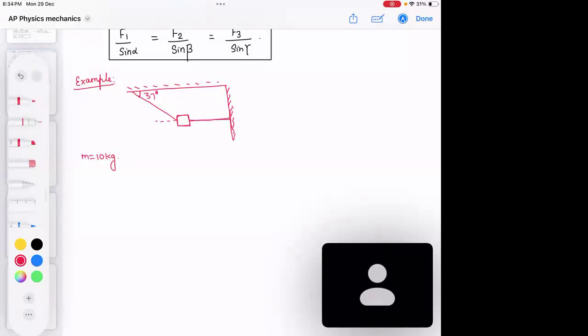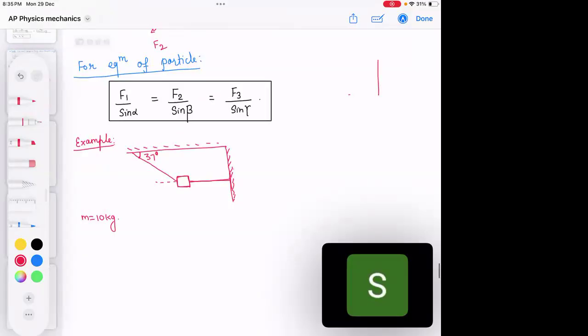Do you know the value of sine 37, cos 37, and tan 37? Please tell me the value of sine, cos, and tan 37 and 53 degree. Please keep in mind this triangle. This is a right angle triangle. This angle is 37 degree, this angle is 53 degree.